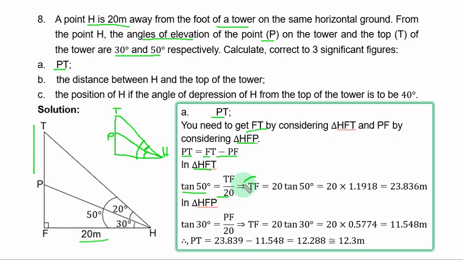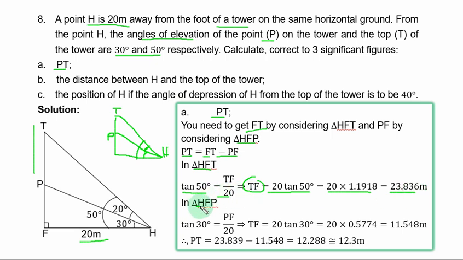If you make TF the subject, you have 20 times tan 50 degrees, which gives this, and when you multiply, you have 23.836 meters.